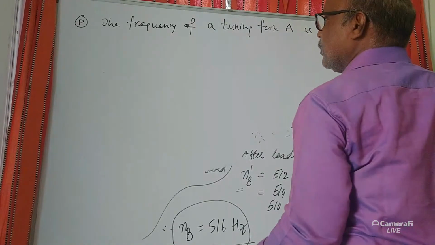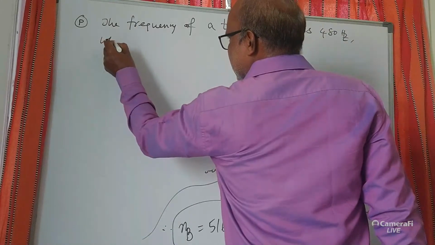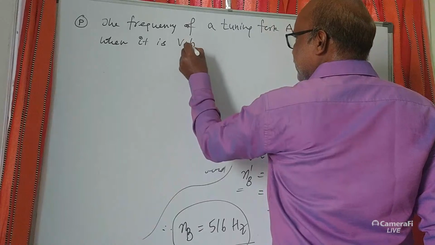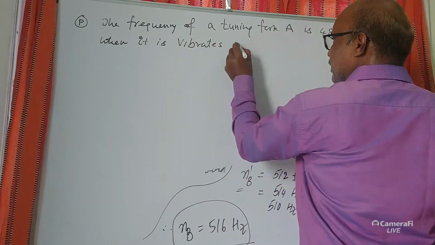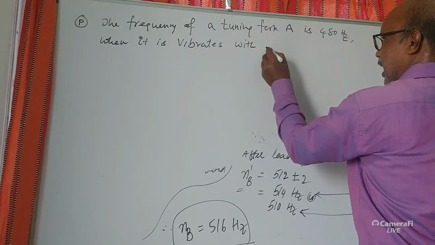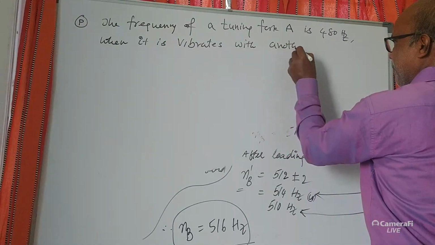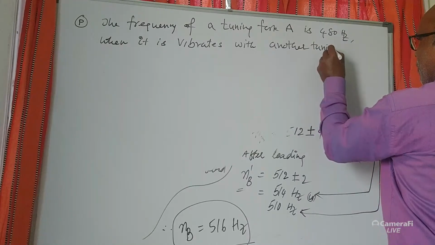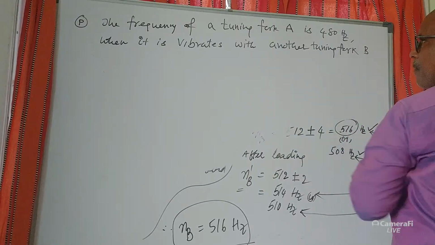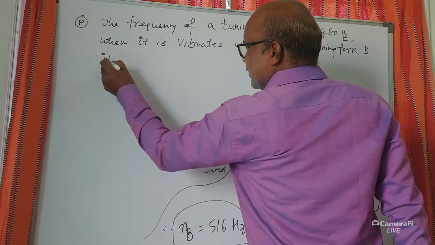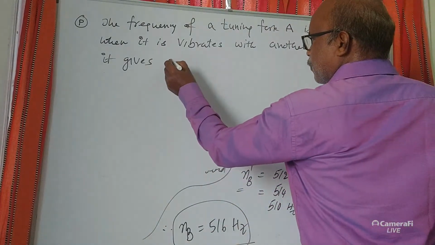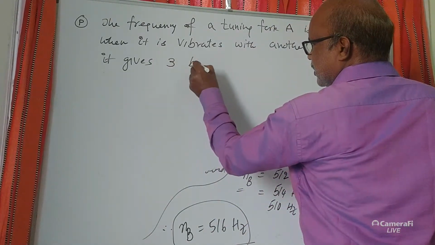When it is vibrated with another tuning fork B, it gives 3 beats per second.